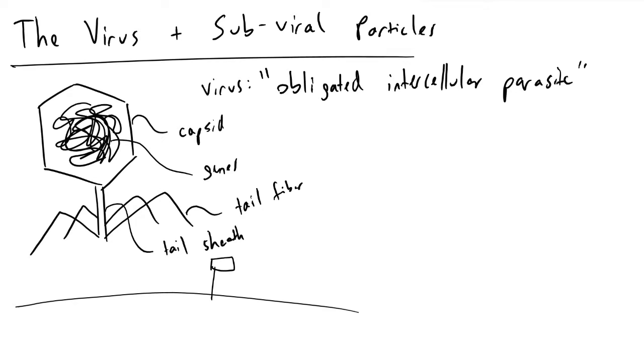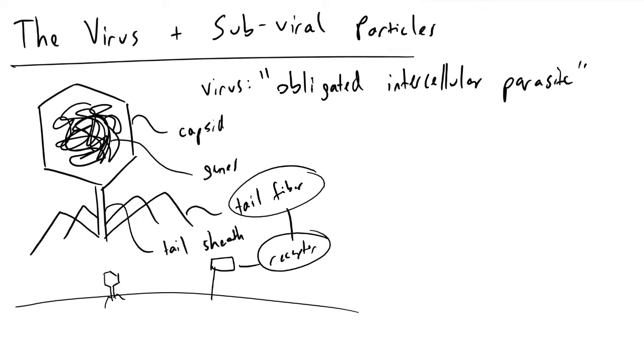I'll just draw a block. And this receptor may or may not have some affinity for this tail fiber. And so if the tail fiber has an affinity for the receptor, the virus will bind onto the surface of the bacteria or cell. And so you'd get these little viruses attached on the surface.